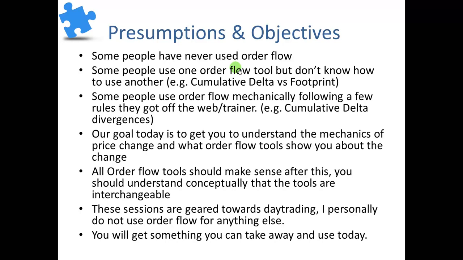Well, I've come across many people that use one order flow tool but really have no clue how to use others. A good example would be someone that uses, say, cumulative delta divergences mechanically, but they're completely lost when it comes to looking at a footprint chart. They don't fully understand the underlying theory behind the tools.